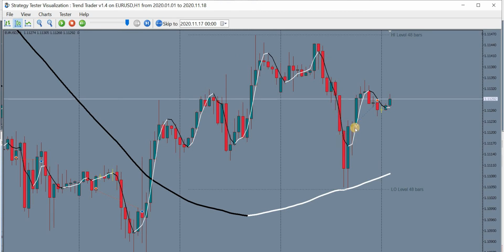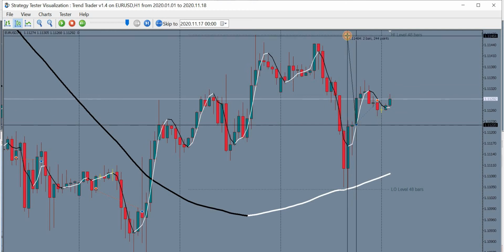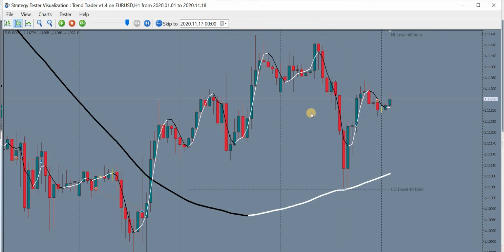The signal line changed colors again, and at this point, when that happened, the price was at least 10 pips away. It was 25 pips away from the high level. So this was a valid entry, a valid buy. And again, it closed. The expert advisor closed it when the signal changed the color back from white into black.